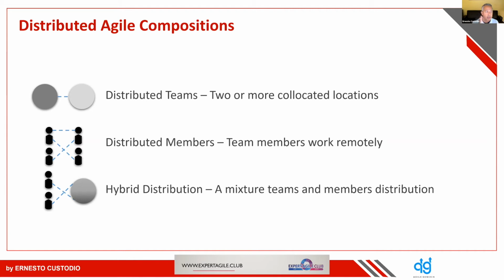I will add that the hybrid distribution before COVID-19 was one of the most challenging of the three. And that's because it had individuals that were not on the same footing.